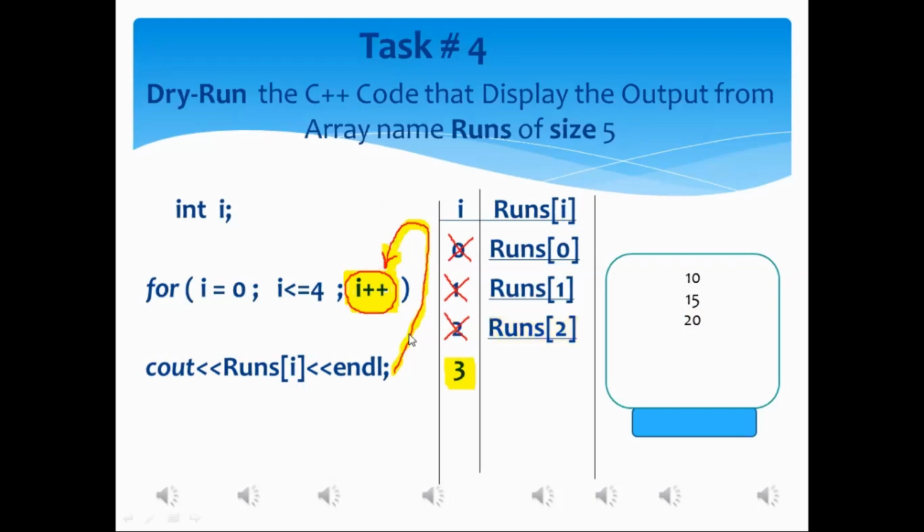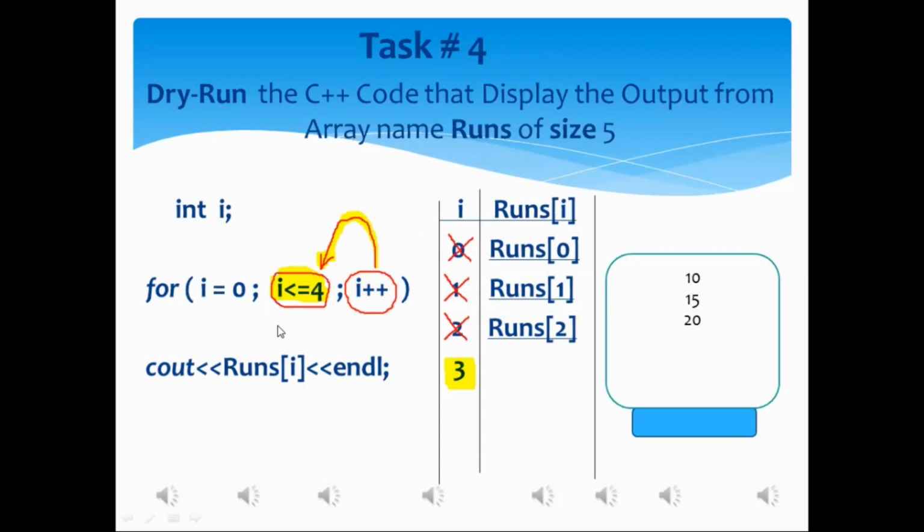After the execution of the increment statement within the for loop statement, the control of execution will be shifted to where? To the condition statement, sir. In the condition statement, my dear. And what is the current value of I? 3, sir. Place the current value of I, that one is 3, in the condition.